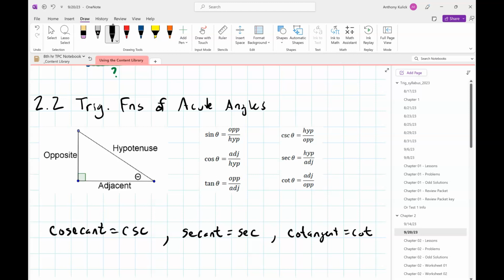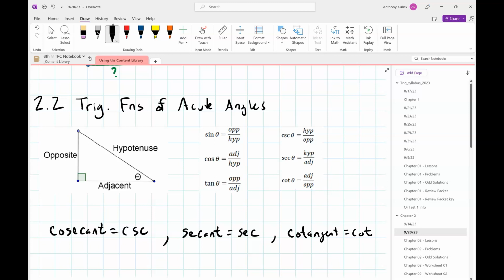The other is hypotenuse over opposite. What do we call that relationship? Those 2 fractions are, starts with an R, reciprocals, yeah, where one fraction is just the flip of the other.